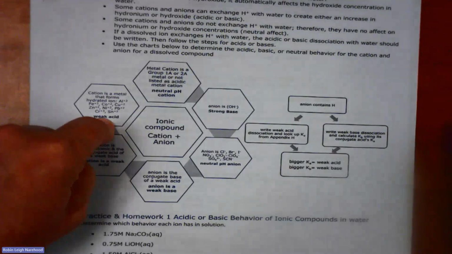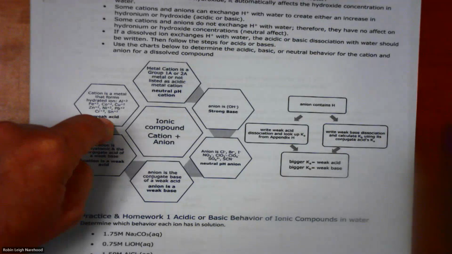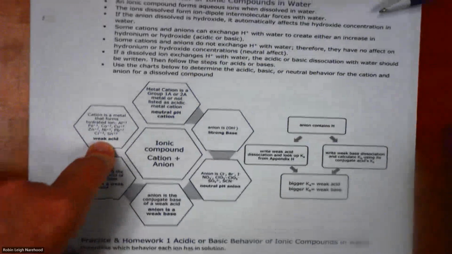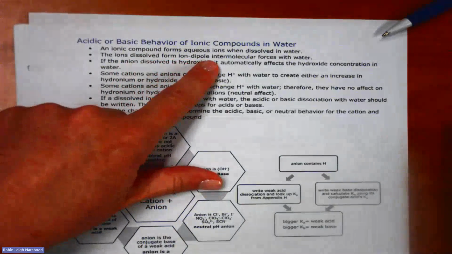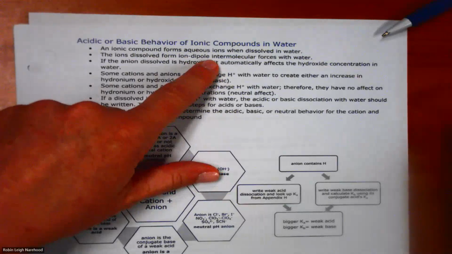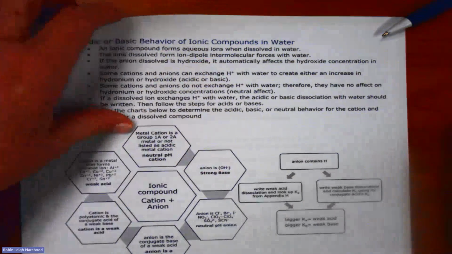How does something that has no hydrogen give up a hydrogen? Is it just aluminum by itself? When the ion dissolves, they form ion-dipole intermolecular forces. It is not aluminum. It is aluminum surrounded by water.